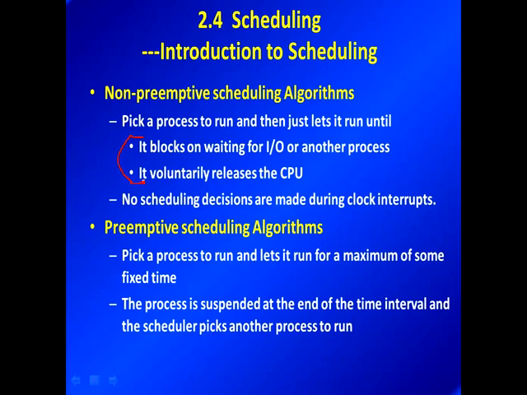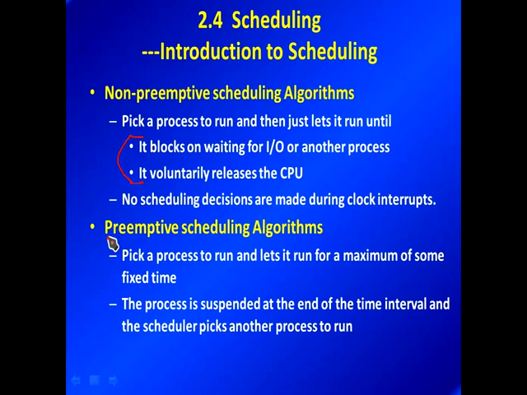So as long as a process is picked to use the CPU, it leaves the CPU voluntarily only when this process wants to leave the CPU, and then the CPU will be available again.